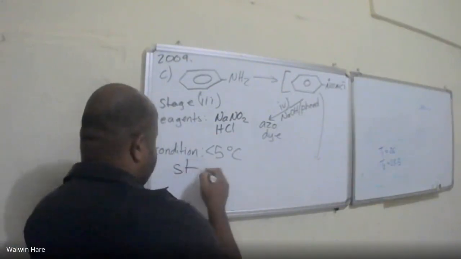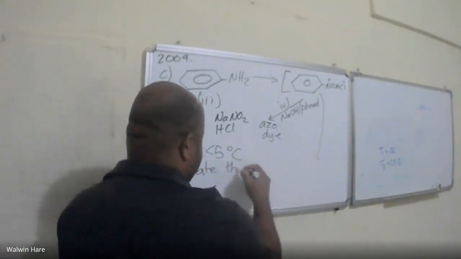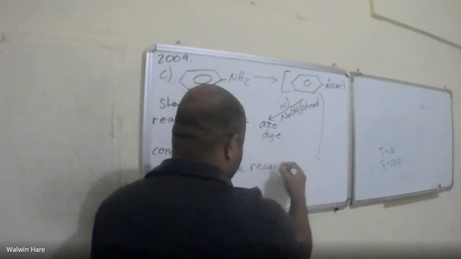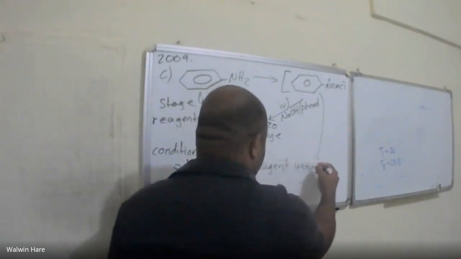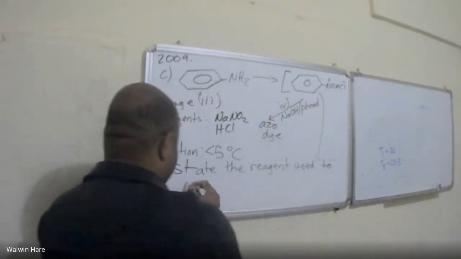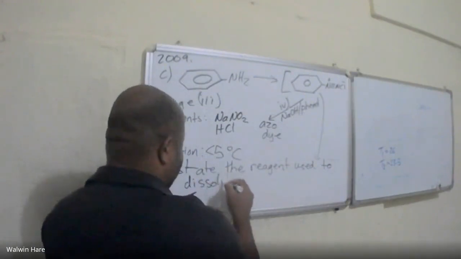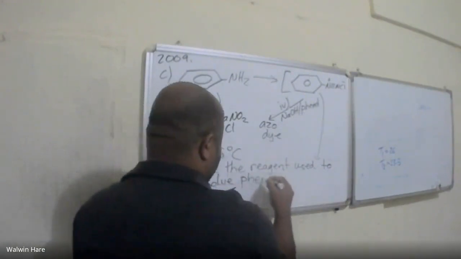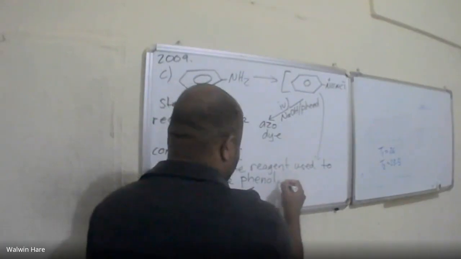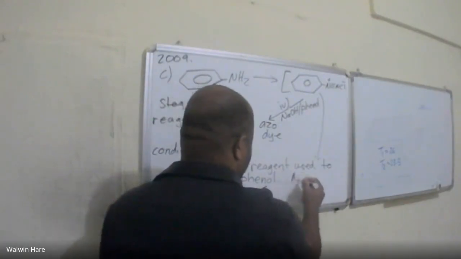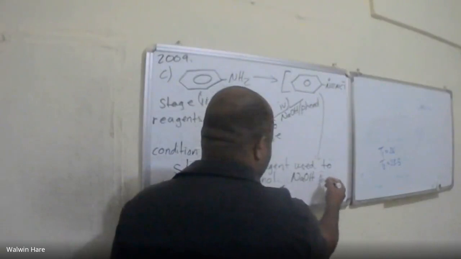So it says state the reagent used to dissolve phenol. That reagent is sodium hydroxide solution.